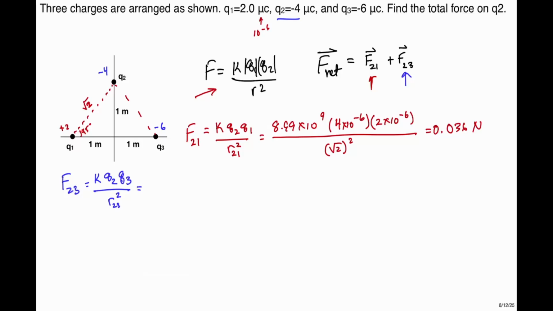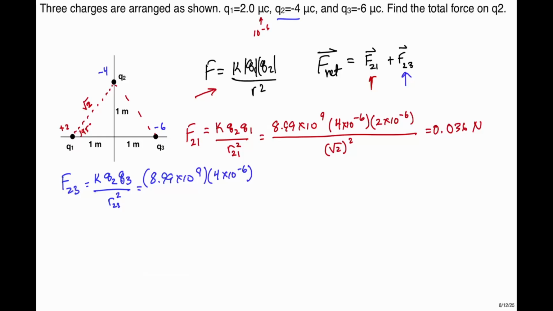Okay? Now I can put in some numbers. What's K? Okay, I admit I cheat sometimes and just write 9E9. Move on with my life. All right, Q2, what's Q2? Be careful. 4, good, times 10 to the minus 6. Always write out the full number.